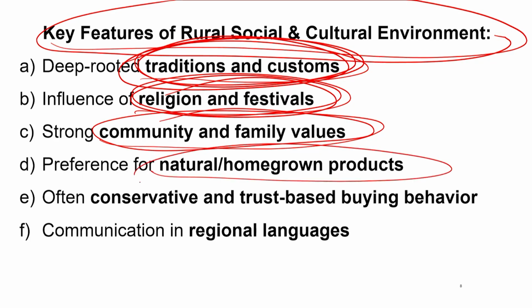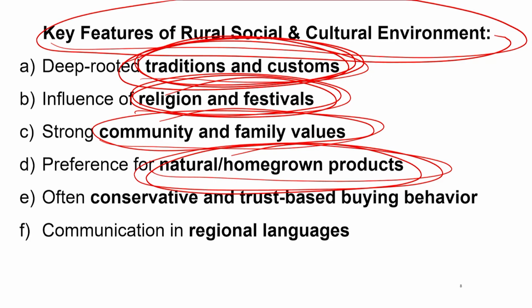Preference for natural and homegrown products. Urban consumers, though not so naturally, are moving toward organic products because the environment and conditions are demanding.